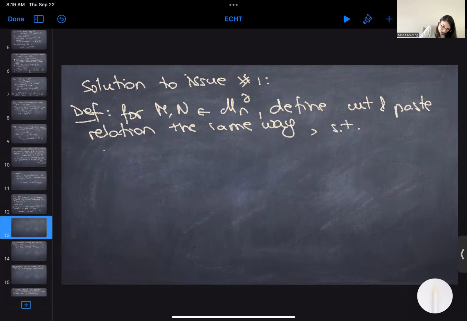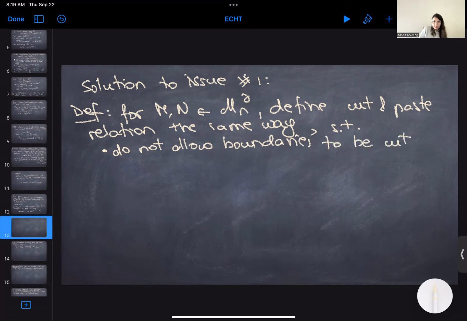First, we do not allow boundaries to be cut, and all cut boundaries are required to be pasted back together.